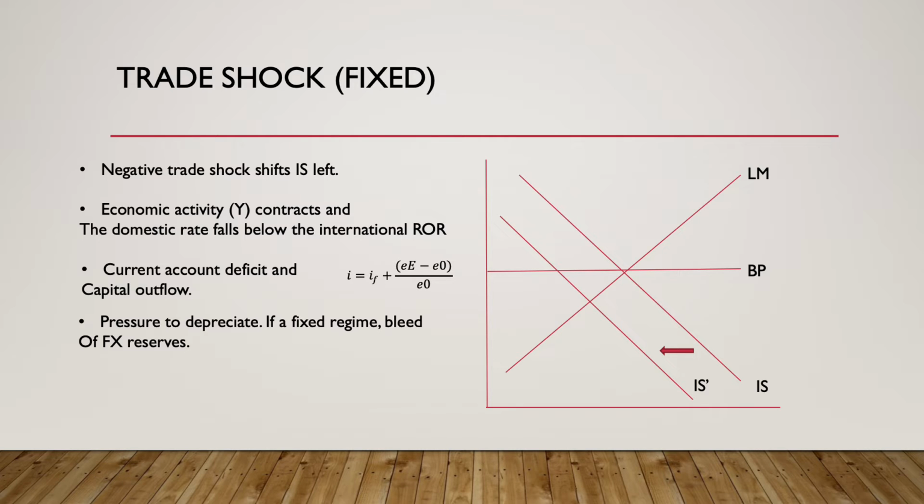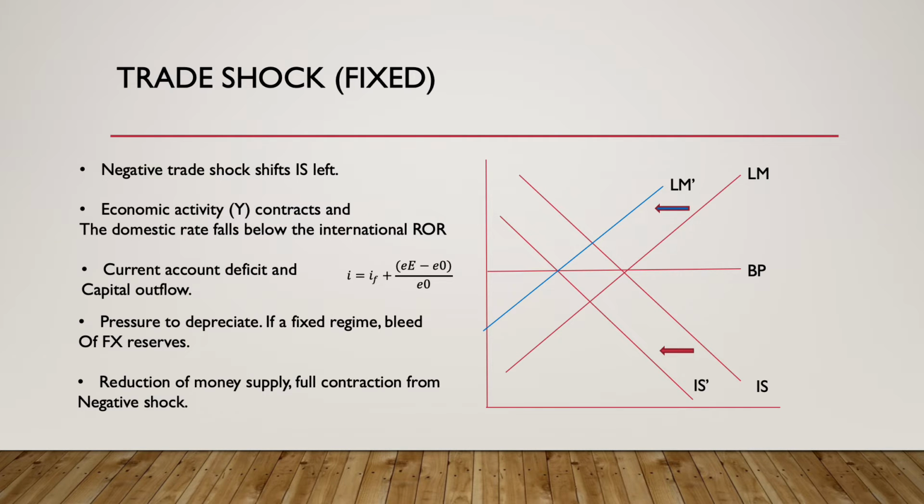Now, keep in mind that as the central bank is buying up domestic currency in exchange for foreign exchange reserves and bleeding its reserves, it is taking domestic currency out of circulation, and as a consequence, the money supply is falling.